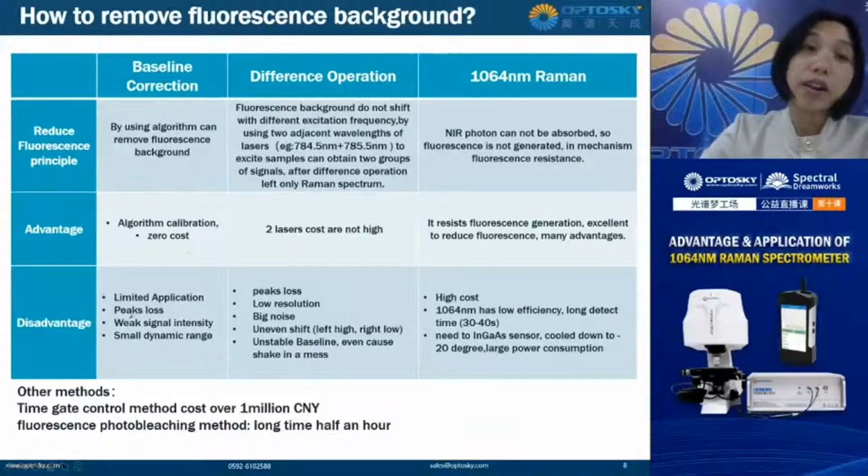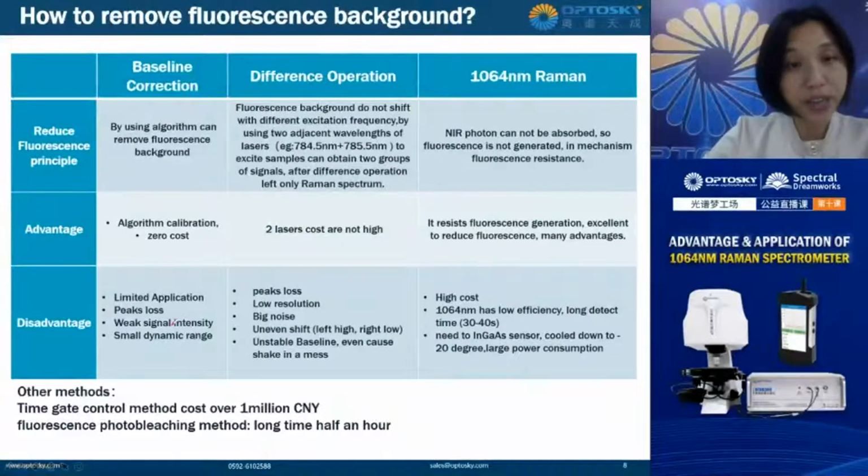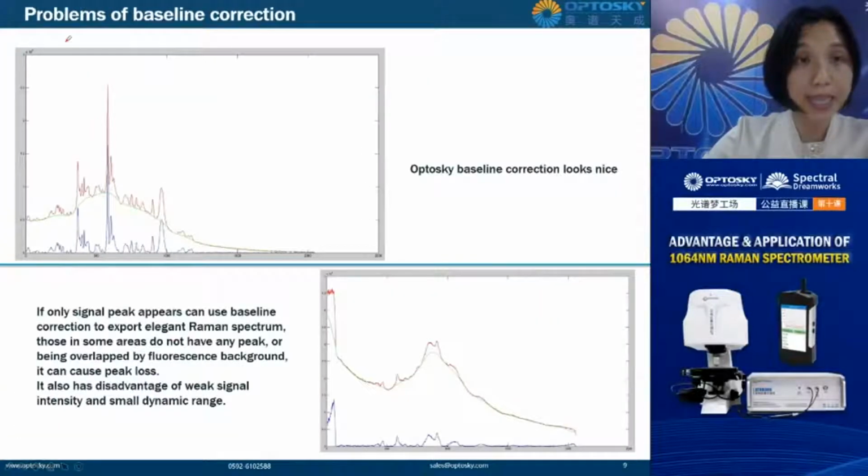But the disadvantage of baseline correction is that its application is relatively limited, and you can see the problems of baseline correction. This is the Raman signal, and this one is the fluorescence.